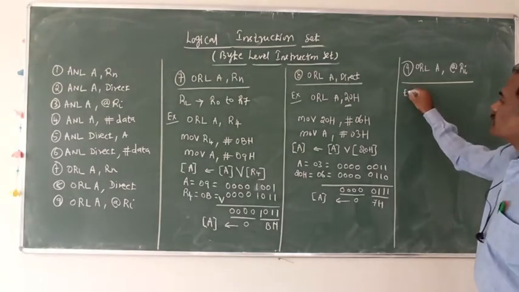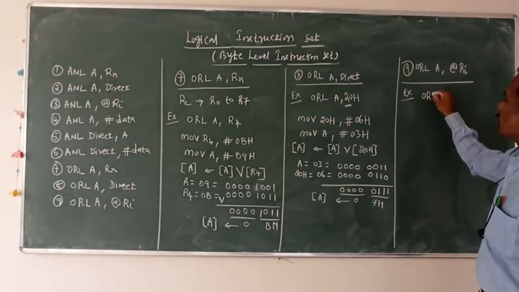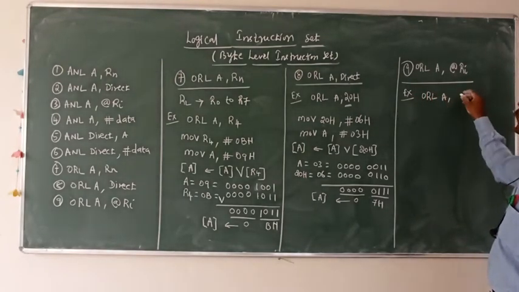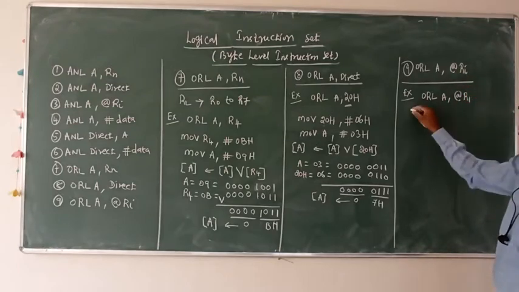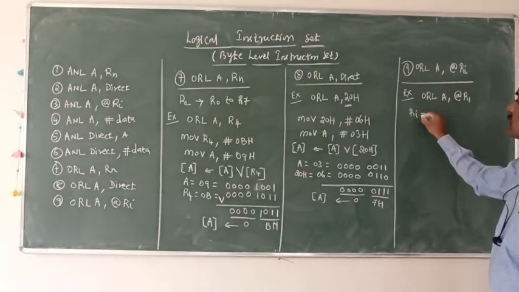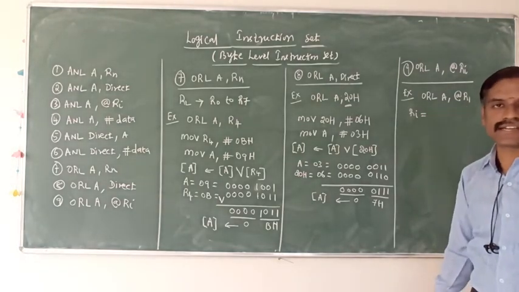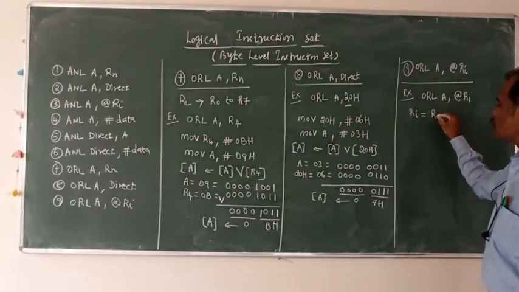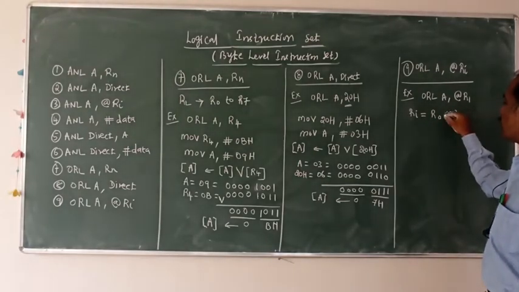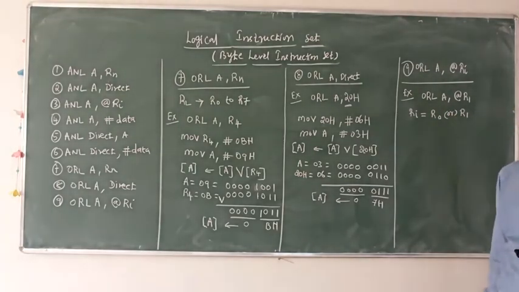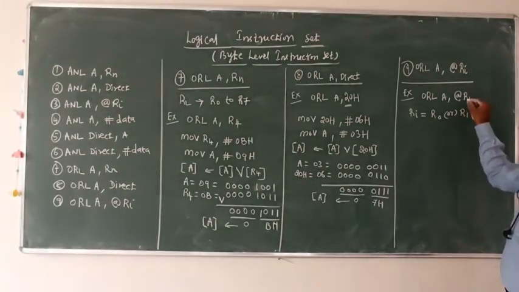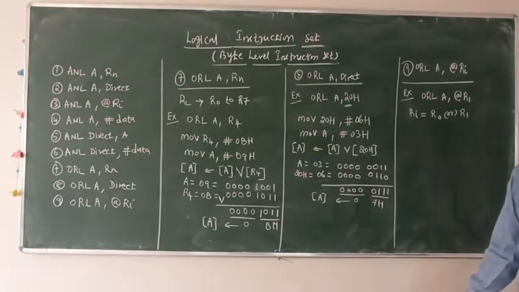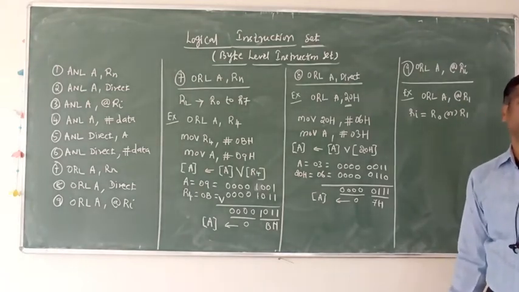Indirect. Example: ORL A, @R1. Here Ri means internal register. We have to initialize only the R0 or R1 register. First, we have to initialize the register address.